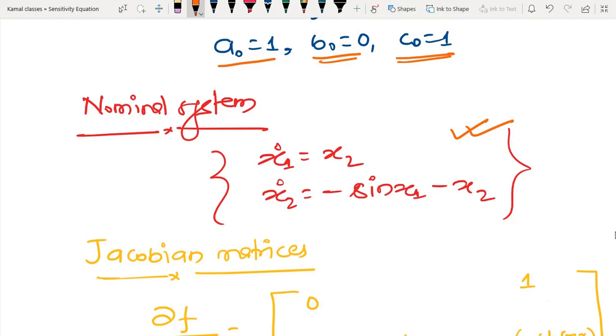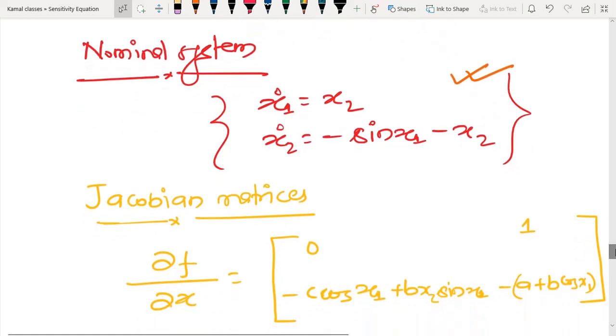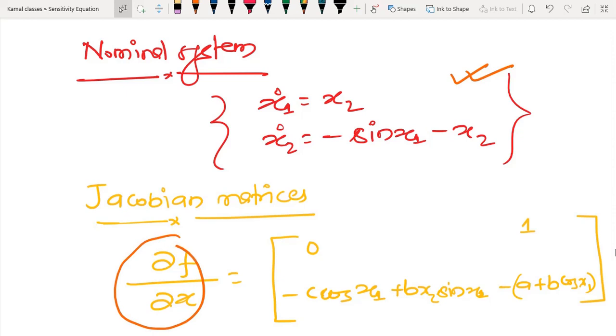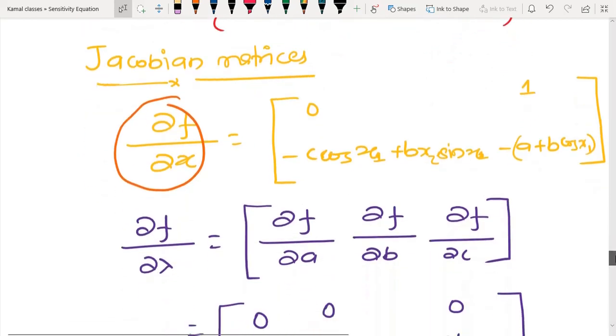Now what I am going to do is linearize, taking ∂f/∂x. Why ∂f/∂x? Because in order to generate the sensitivity equation, I need the partial derivative of f with respect to x, and due to that reason I am going to take the partial derivative.